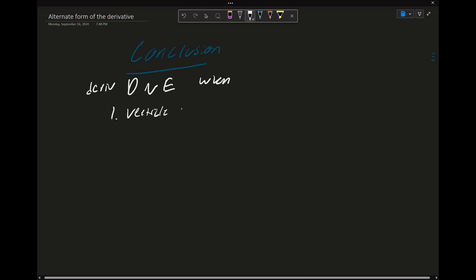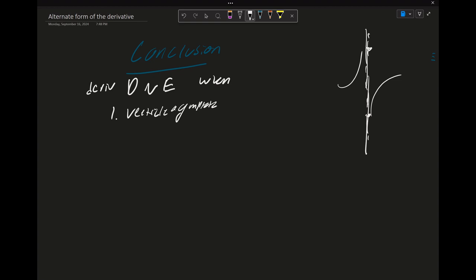We didn't go over this in the lesson, but if there is some vertical asymptote, with something such as this, we see this vertical asymptote here. The derivative at that point does not exist, since the limit here is going to be different than the limit here. These are not going to be equal limits, right?